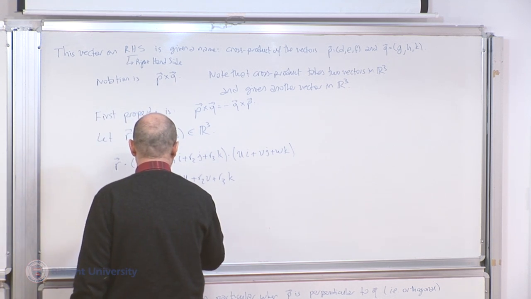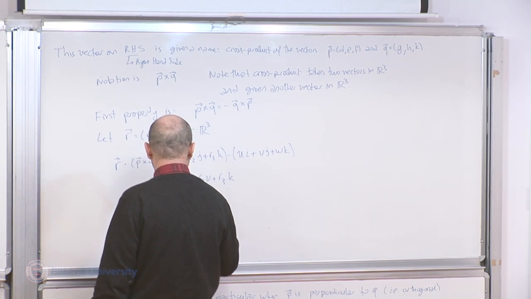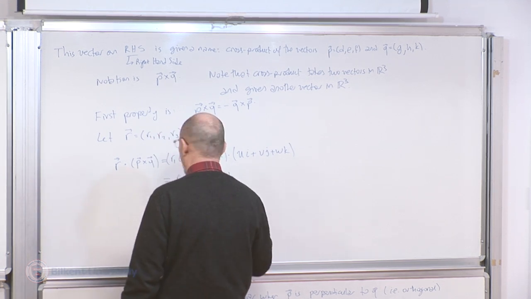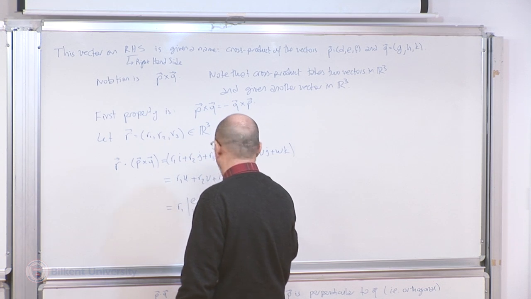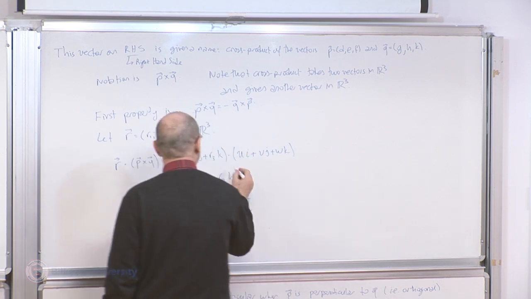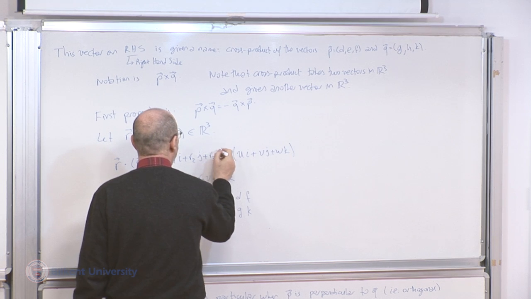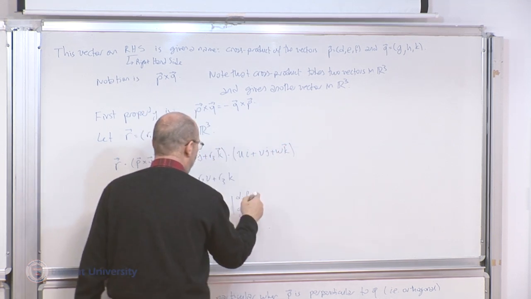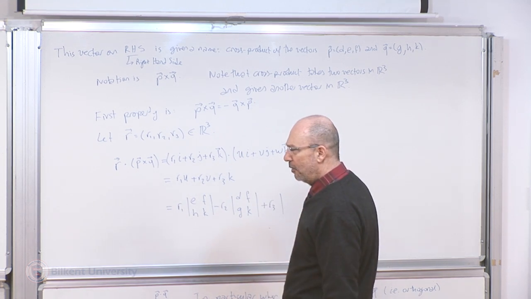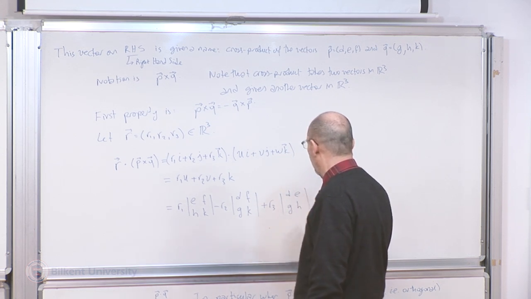That is, this is R1 times E, F, H, K minus R2 times D, F, G, K, and this one is D, E, G, H. Remember that these are numbers, not vectors.